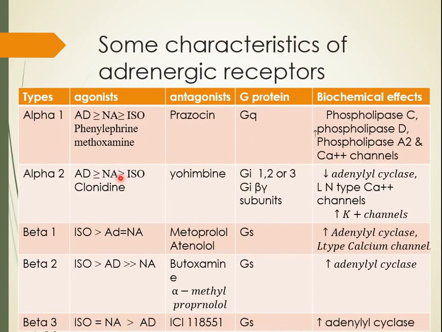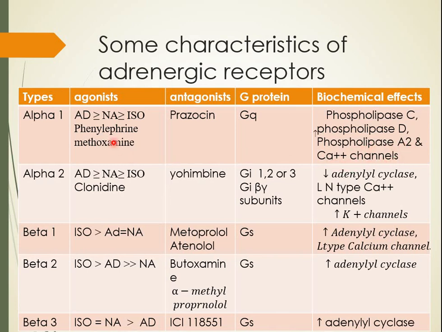In this diagram we have discussed the various agonists and antagonists and the G proteins, the Gq protein. Here in the case of the alpha 1 receptor, how does the agonist work? It involves the Gq protein, which stimulates phospholipase C and D and phospholipase A2 and the calcium channel.